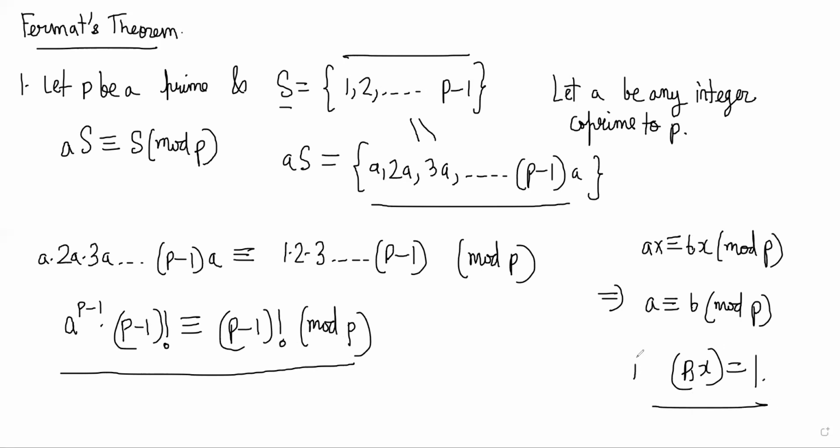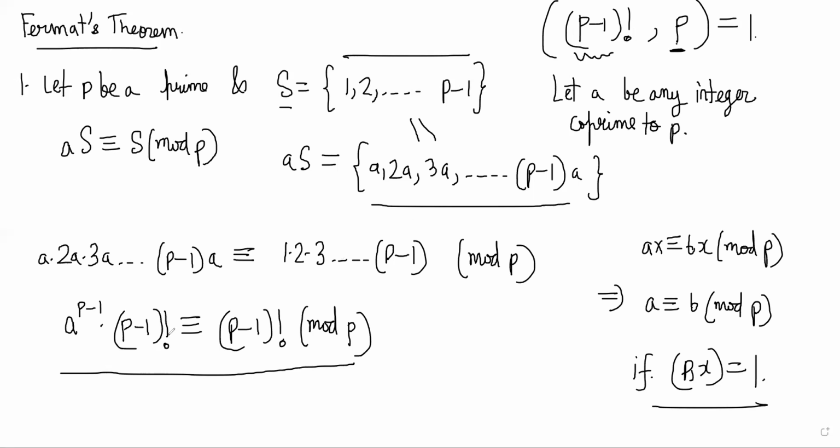So we know that P minus 1 factorial and P have no common factors, because P is a prime and they are smaller than P. This has all the numbers smaller than P and P is a prime, so there's no common factor, right?